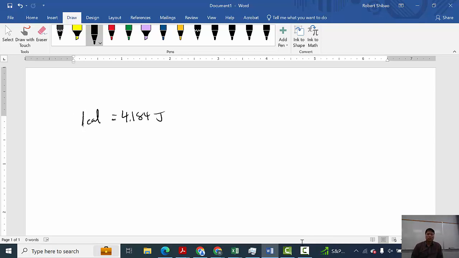And so if I'm looking at the relationship between the calorie and the joule, this used to not be exact. I don't know why they're doing this. This is really weird, but they're changing a whole bunch of these. It's like saying, okay, pi, we're going to change the definition, now it's going to be exactly 3.14.